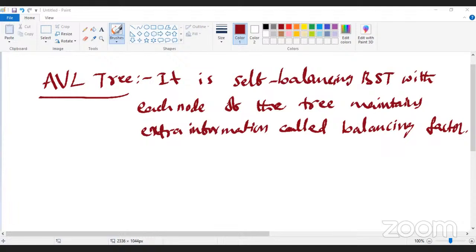Will you remember how to identify the balancing factor? So this is the property of the AVL tree.